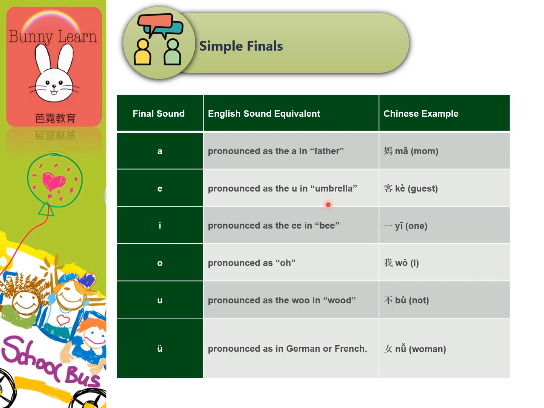It looks like an E, but in Chinese, it's pronounced more as a U. A Chinese example is 课, kè. I. This is pronounced as the E's in bee.